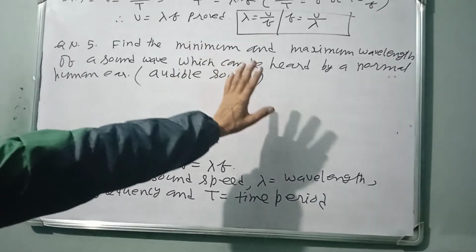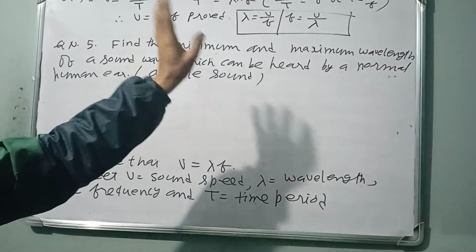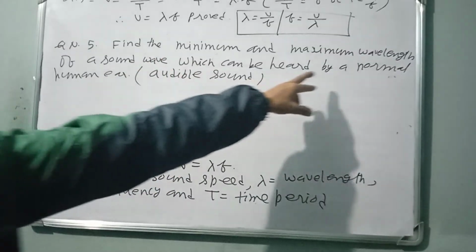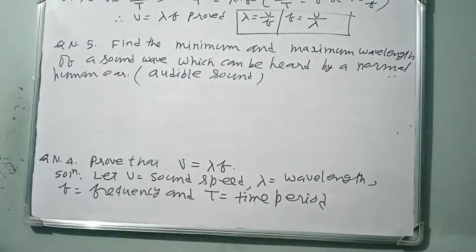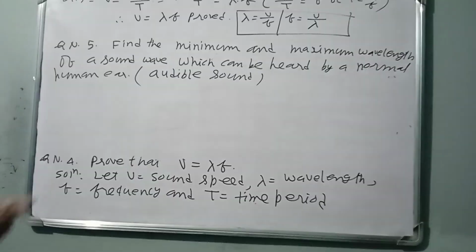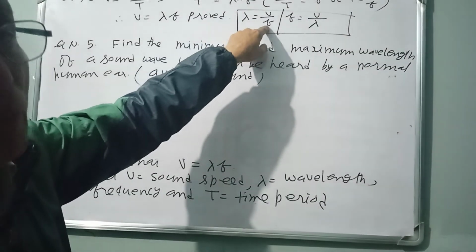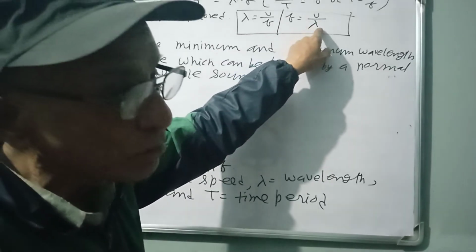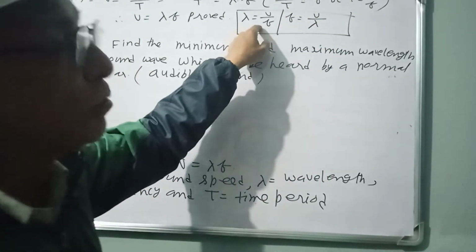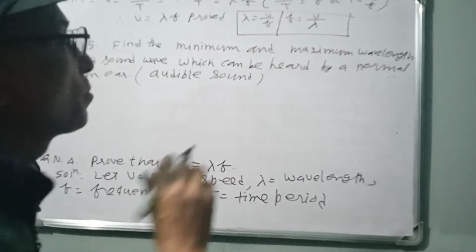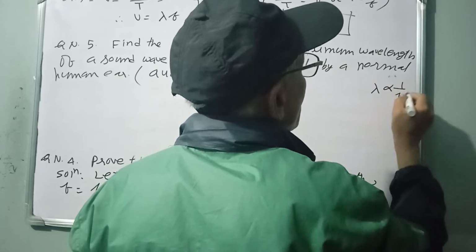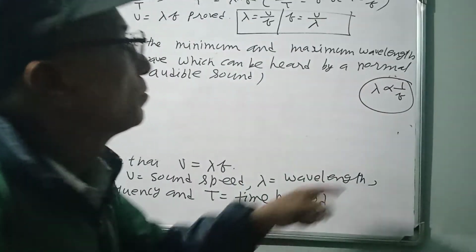For this purpose you have to consider two constant quantities. Number one, speed of sound, 332, constant, and what is the minimum frequency and maximum frequency. Minimum frequency, maximum wavelength, and maximum frequency, minimum wavelength, just inversely proportional. You have to know that lambda is inversely proportional to frequency.